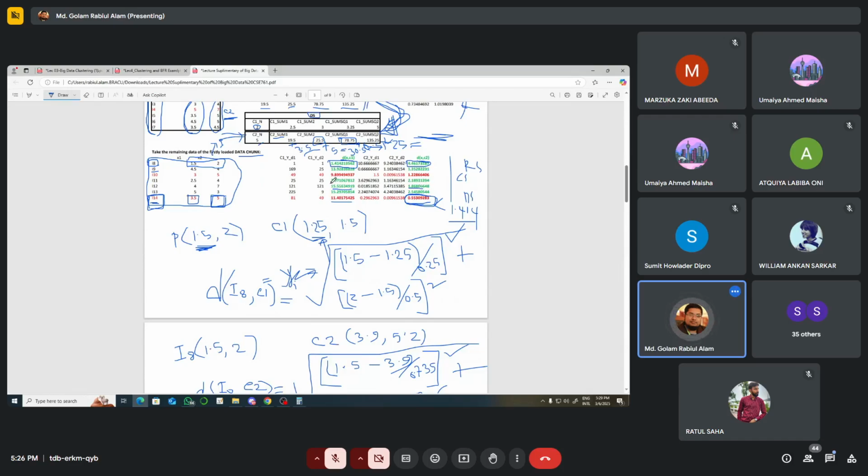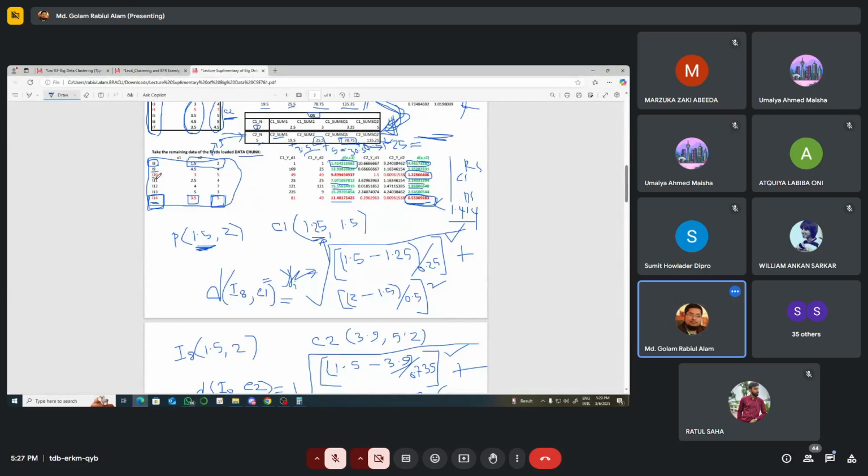And for I11, none of these distances are less than that. Okay, then how about I10? Yes, this distance is less than 1.414. So that means I10 we have to add also in C2.